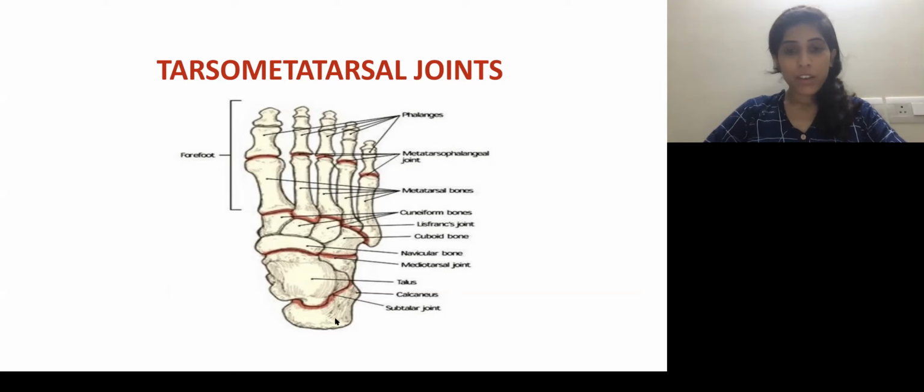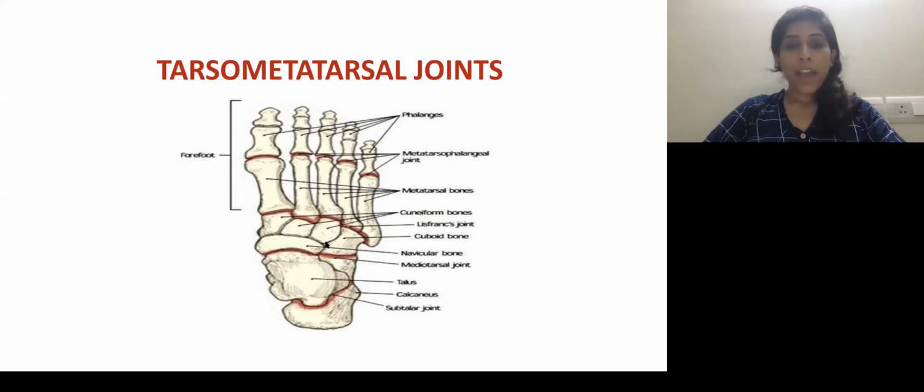So in this figure, as you can see, in the downward direction the calcaneum is present. Just above that is the talus. Then we have the three cuneiform bones and one cuboid bone. And just near the talus bone we have the navicular.